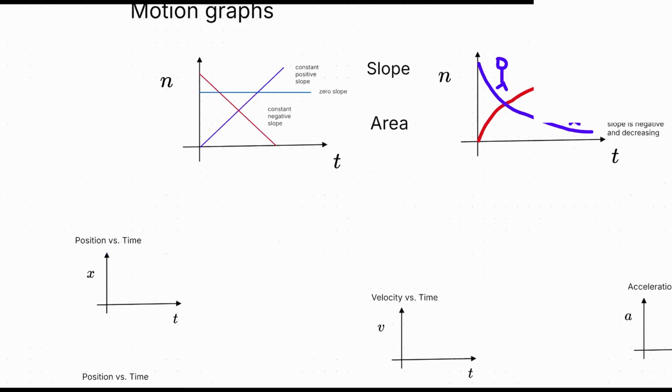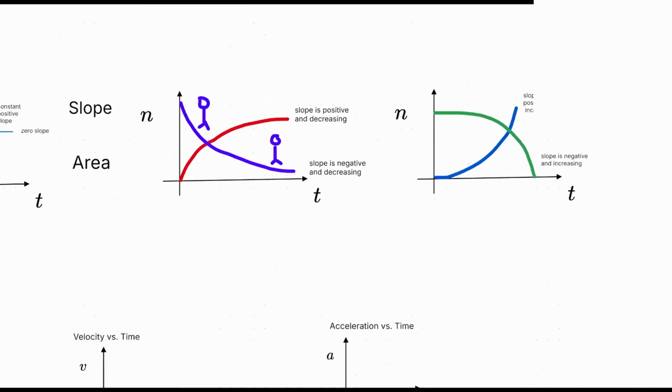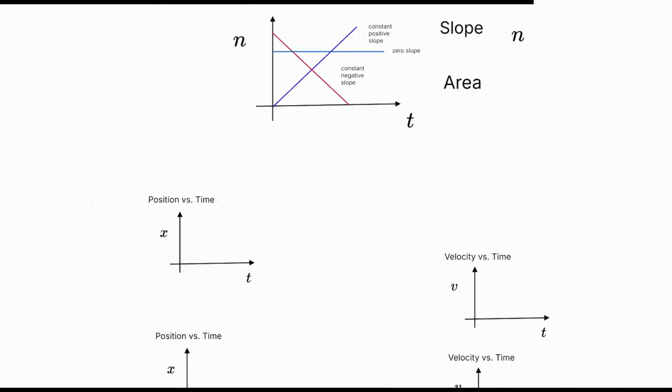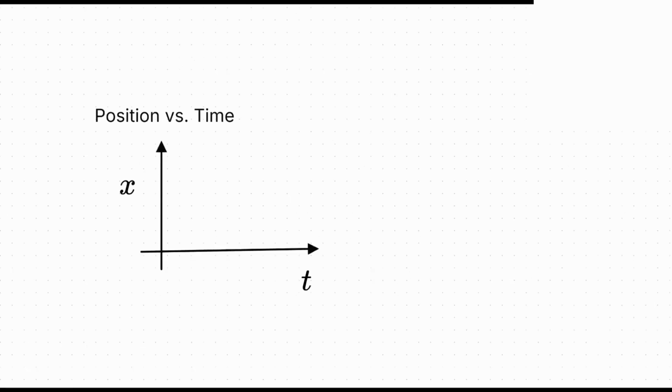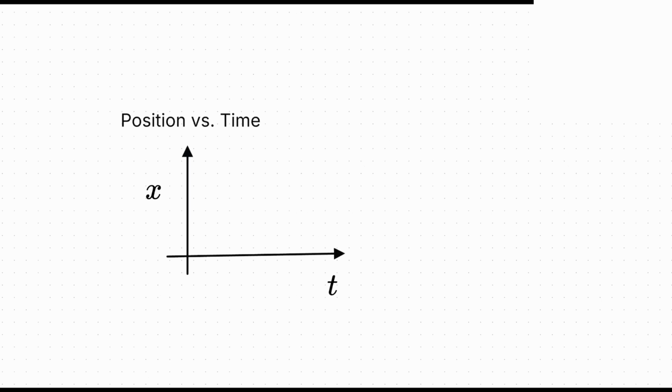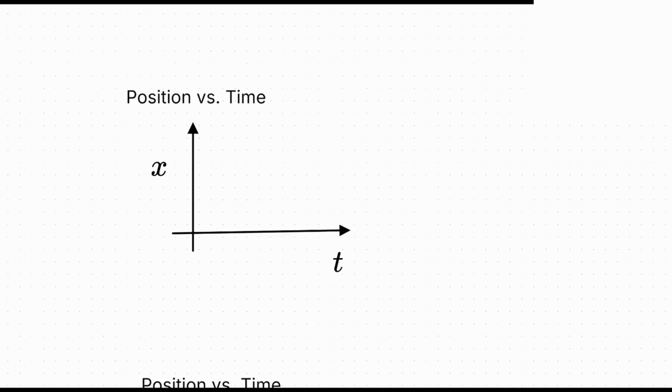In a position versus time graph, the y-axis contains the position, the x-axis contains t. So we have here x versus t. X means horizontal position. It could be y if we are talking about the vertical position.